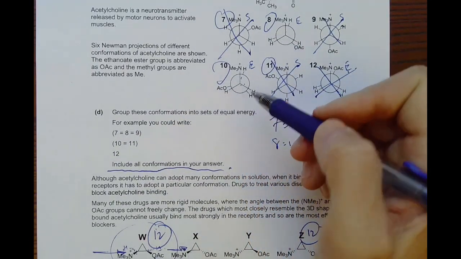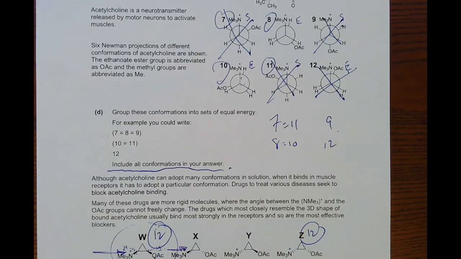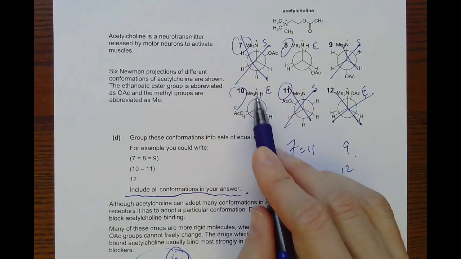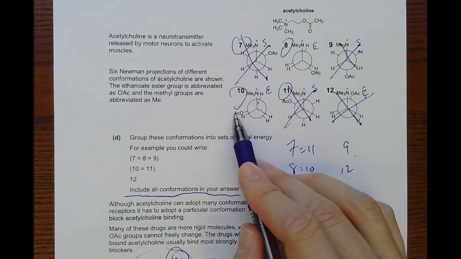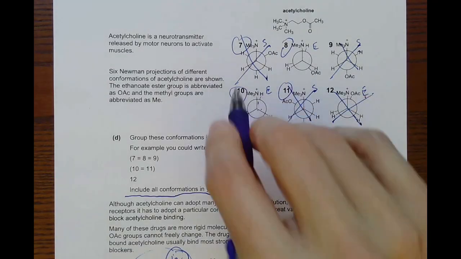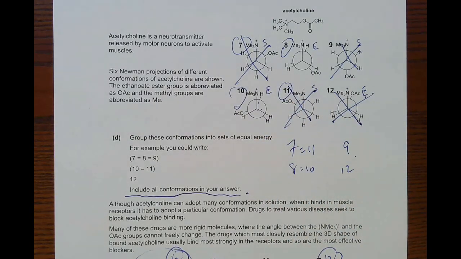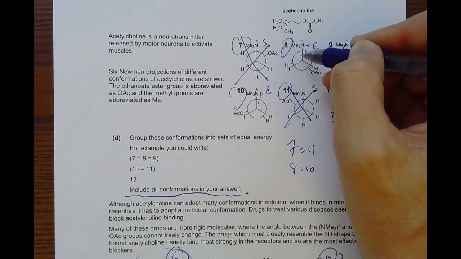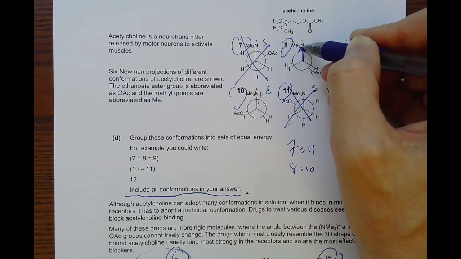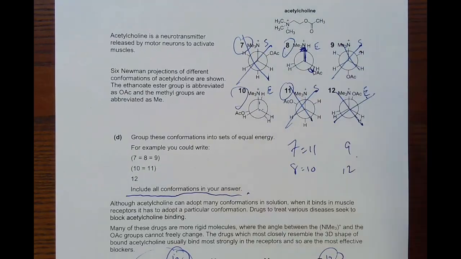So I want nitrogen, remember, down to the right, oxygen at the left. That's not going to work there, because that's nitrogen to the left, oxygen to the right. You've got to reorient yourself in your imagination. Whereas here, I've got the nitrogen going down to the right, and then the oxygen down here to the left.